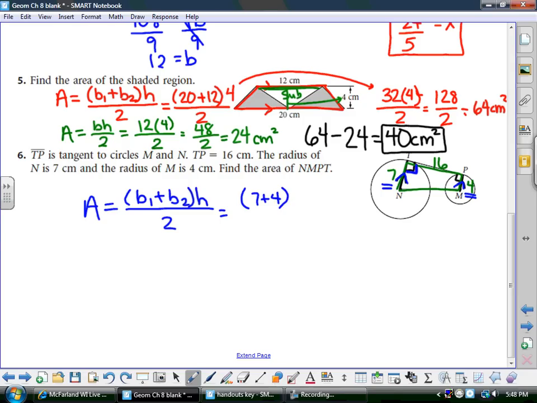And because of our right angles, the 16 is a height. 7 plus 4 is 11 times 16 divided by 2. 11 times 16 is 176. And if we divide that by 2, we get an area of 88 centimeters squared.